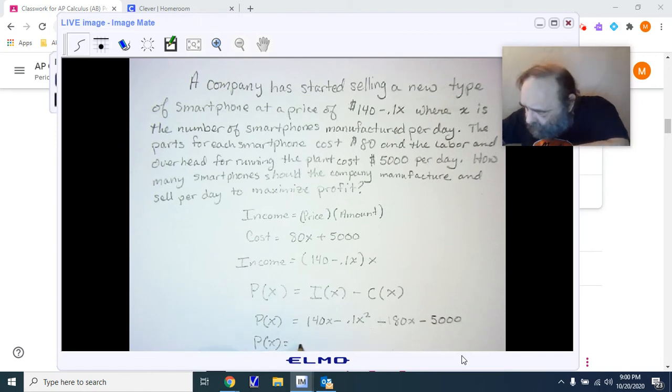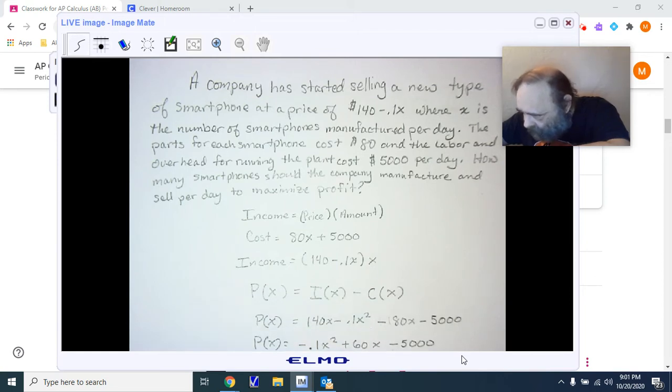Now this gives us our equation that we're going to work with, and that's minus 0.1x squared plus 60x minus 5,000. Finding my derivative, I end up with negative 0.2x plus 60.